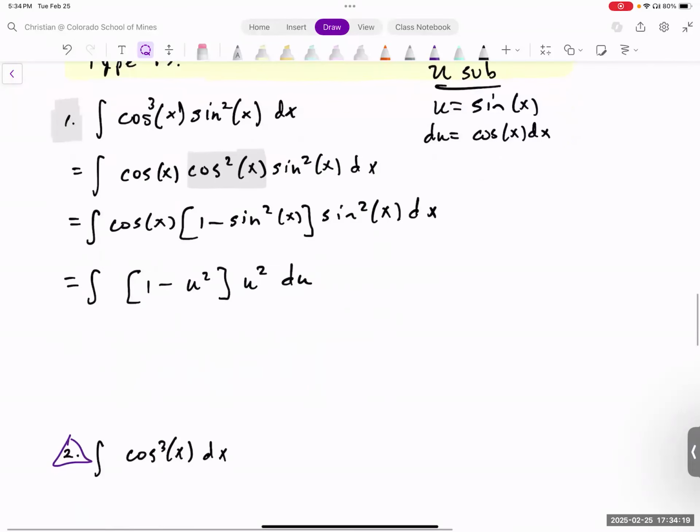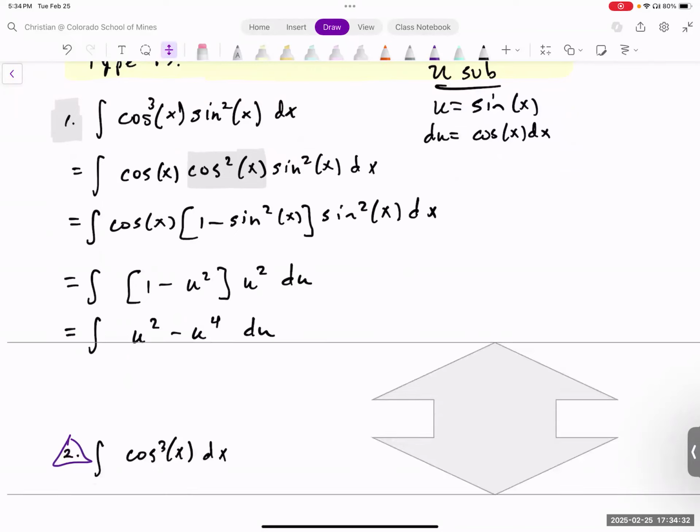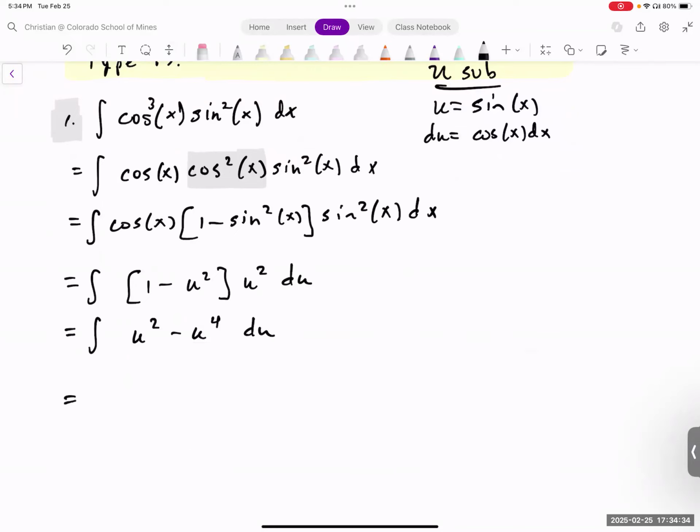And now to integrate, it's algebra and integration. So we need to distribute the u squared, and now we can do the power rule and replace the u. So power rule is going to be u, what's our u? U is sine.